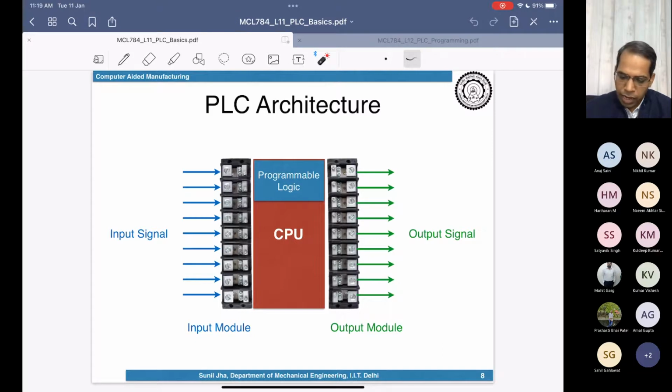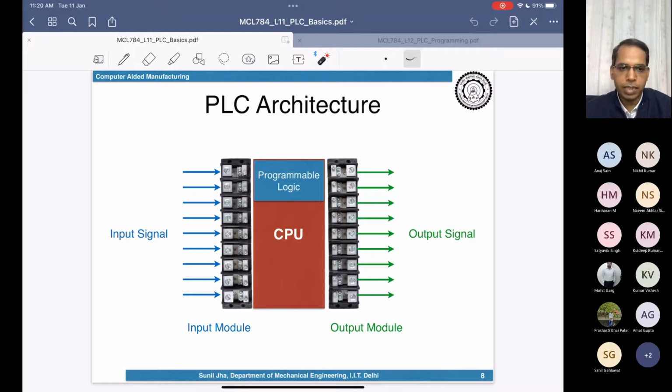How these two are linked is through the program, how you want to react to the input coming into the PLC. You write that in the form of logic. Logic is basically connecting the input signals to the output signals: how your output should behave when an input signal is available.